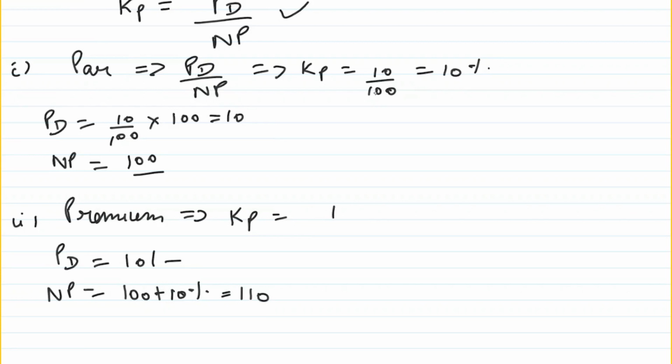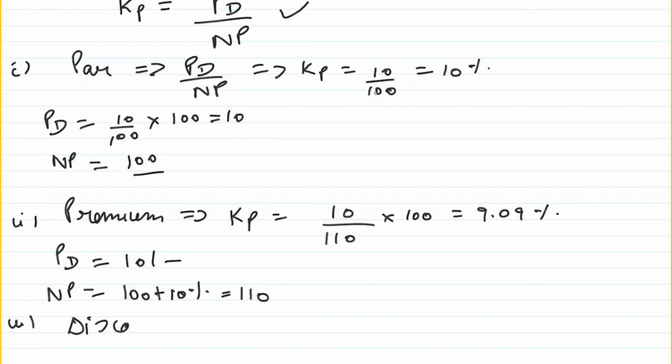So now the value of my KP would be 10 divided by 110 into 100, which will be equal to 9.09 percentage, right?